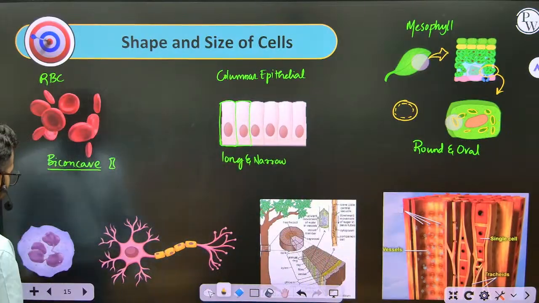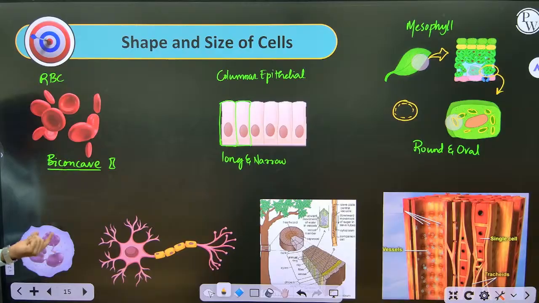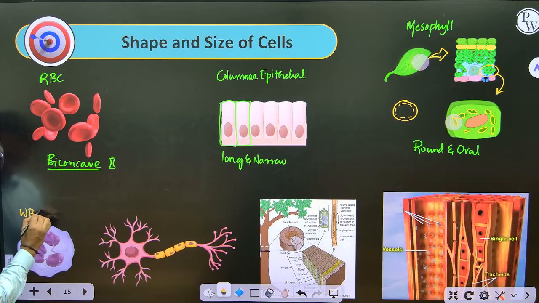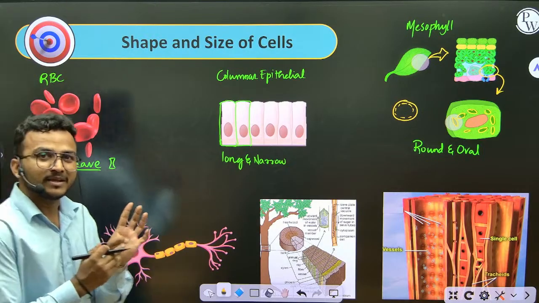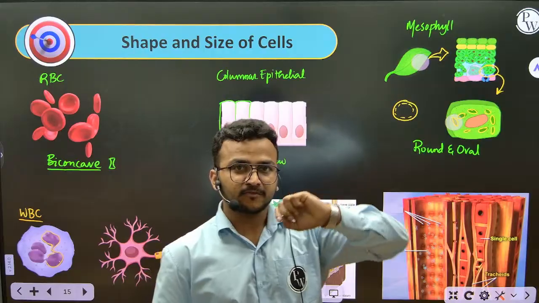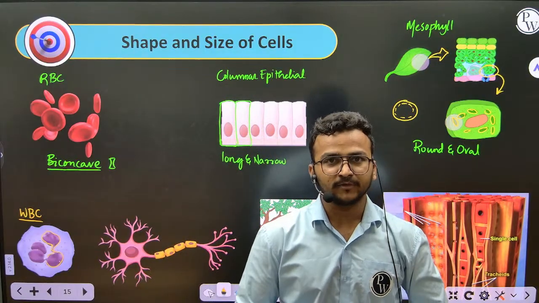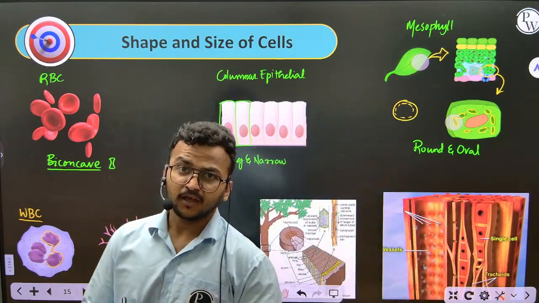Coming to this cell, you can see it is a WBC cell. How will it be? You can see the structure is like this. With respect to WBC and RBC and their functions, you will learn in the body fluids and circulation chapter of class 11th.